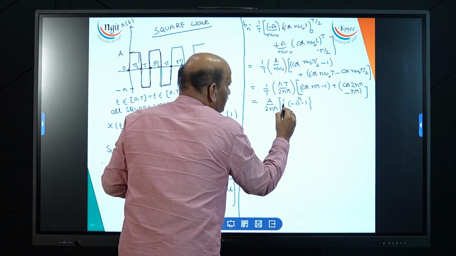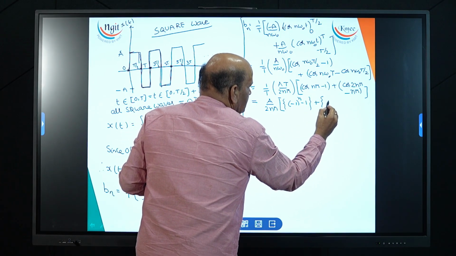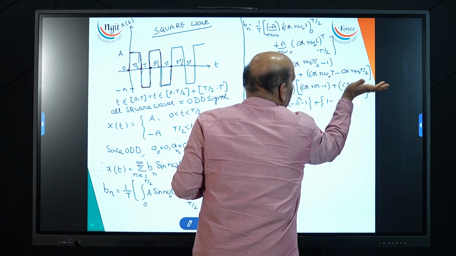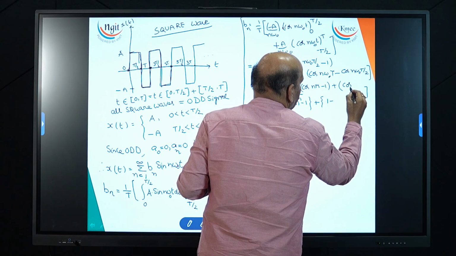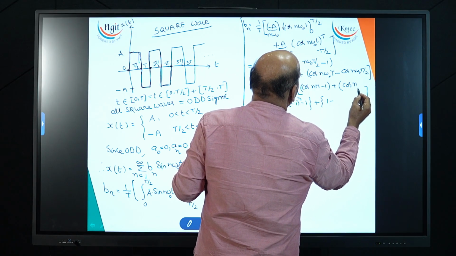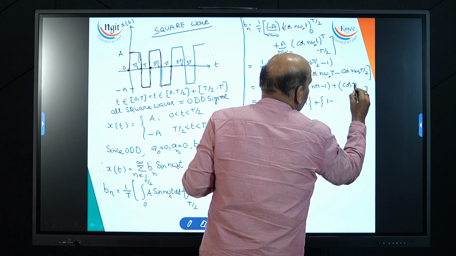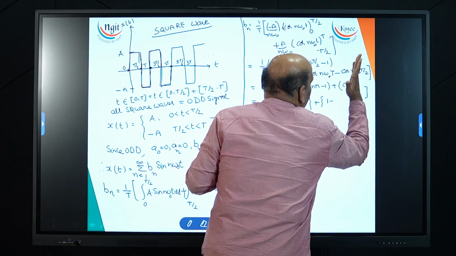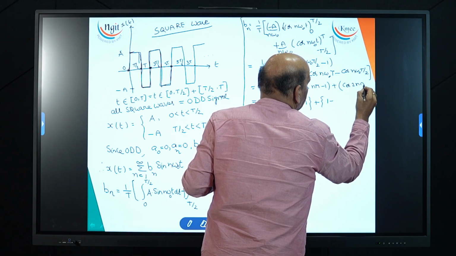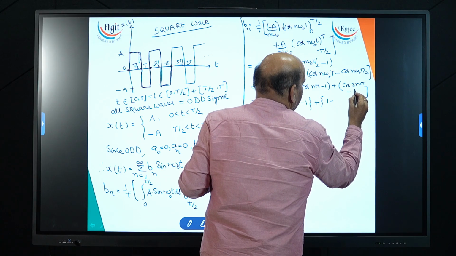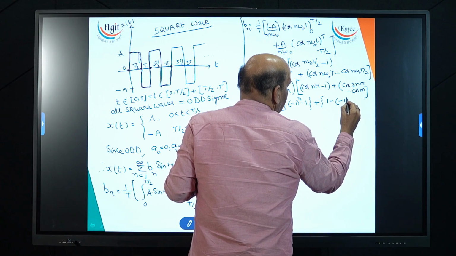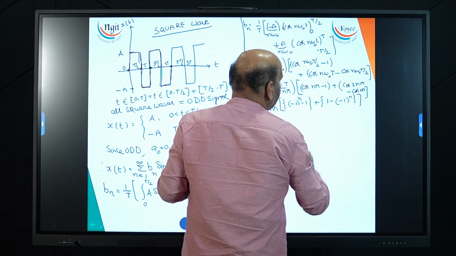So minus 1 cos n pi plus here cos 2n pi equal to 1 minus cos n pi. Now cos 2n pi equal to 1, and cos n pi equal to minus 1 whole power n.